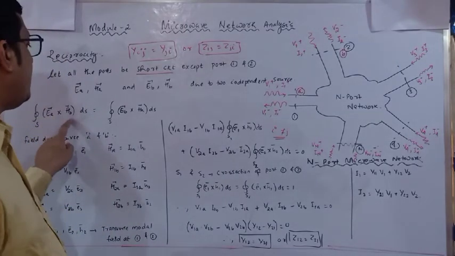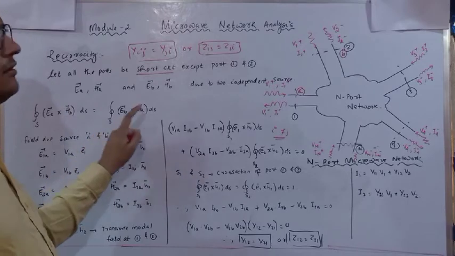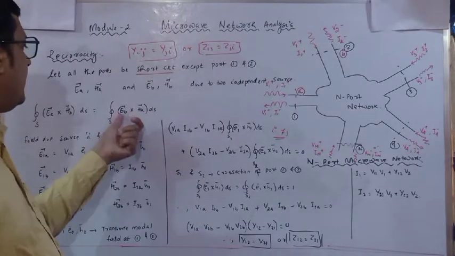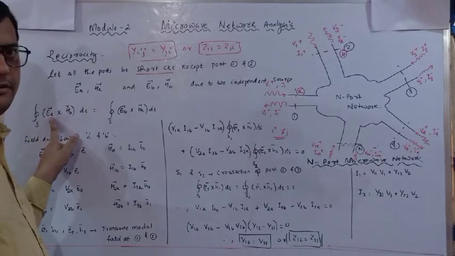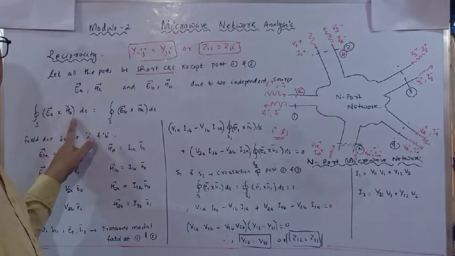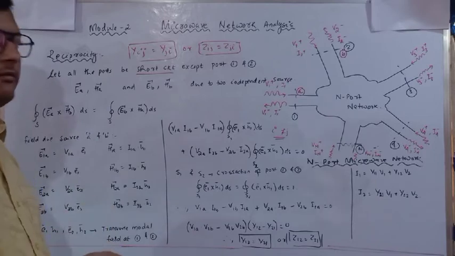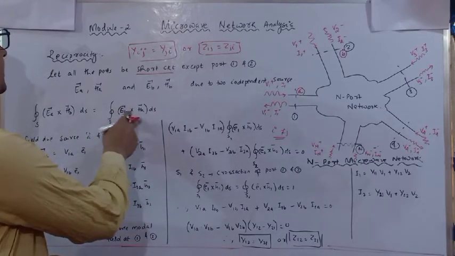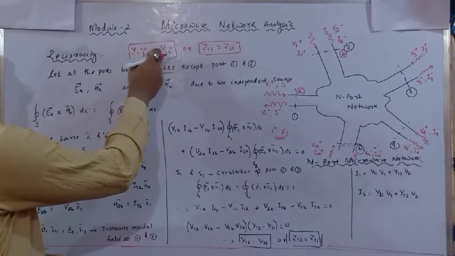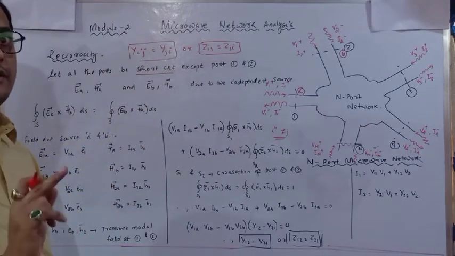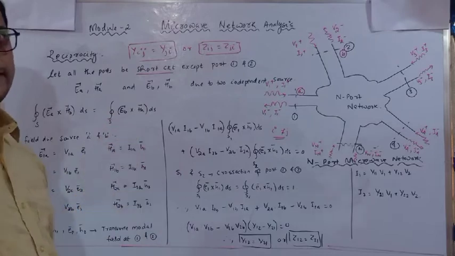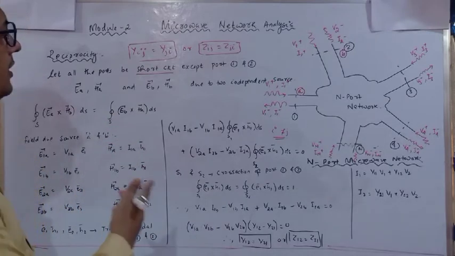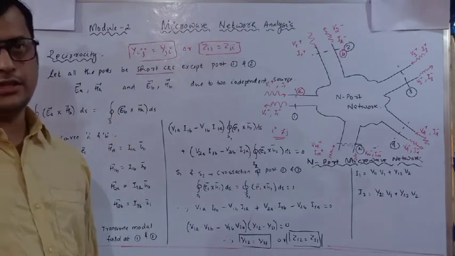So EA cross HB equals EB cross HA. This indicates that if you multiply the incident electric field with the reflected magnetic field, it must be equal to the reciprocity, meaning i comma j must equal j comma i. So EA cross HB equals EB cross HA. If it is equal, then we can identify the reciprocity theorem.